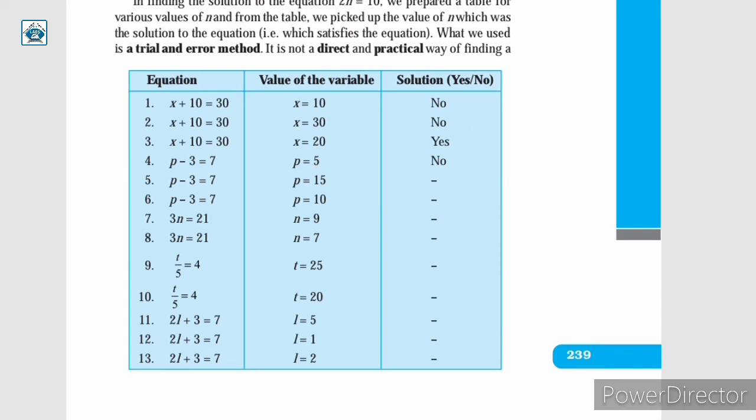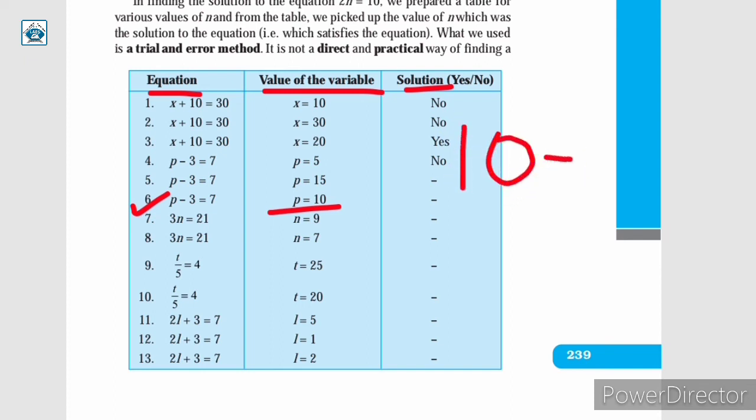In a similar manner, we can check whether the given value of the variable is a solution of the given equation or not, by simply substituting the value of the variable in the given equation. Here we are given p minus 3 is equal to 7. It is the same equation, but here p is equal to 10 is given.